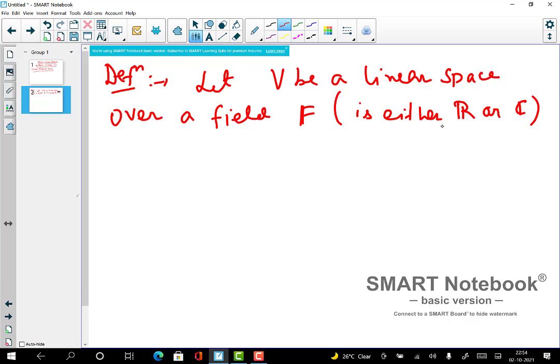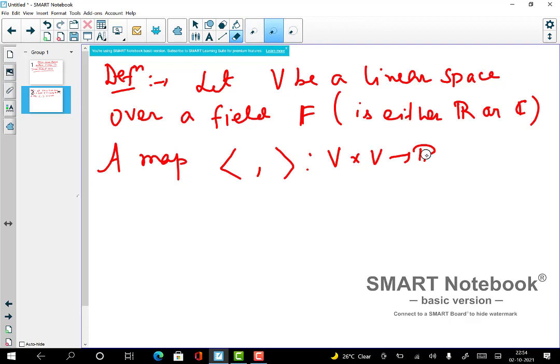Okay, so a map or a function, whatever. So a map. So we write down by these symbols, from V cross V to F. I should not say R. It can be C also. Okay.